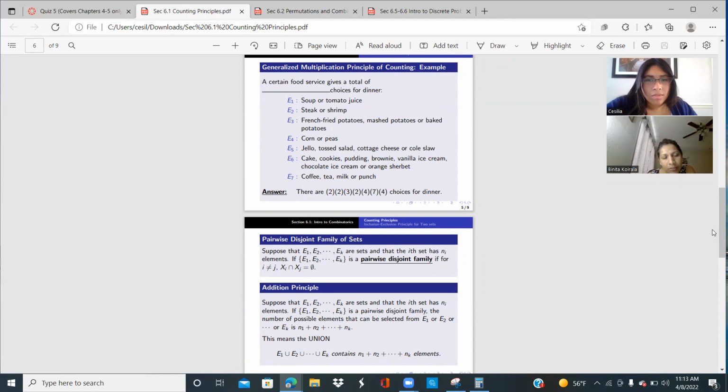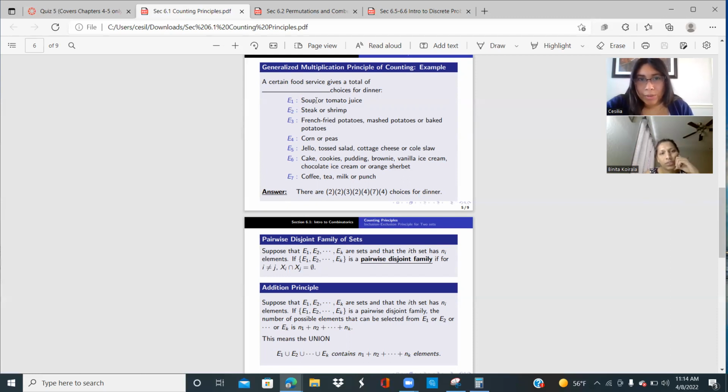So here the answer is 2, 2, 3, 2, 4, 7, 4 choices for the dinner. For each of E1, E2 and so forth, it counts how many different possibilities there are.